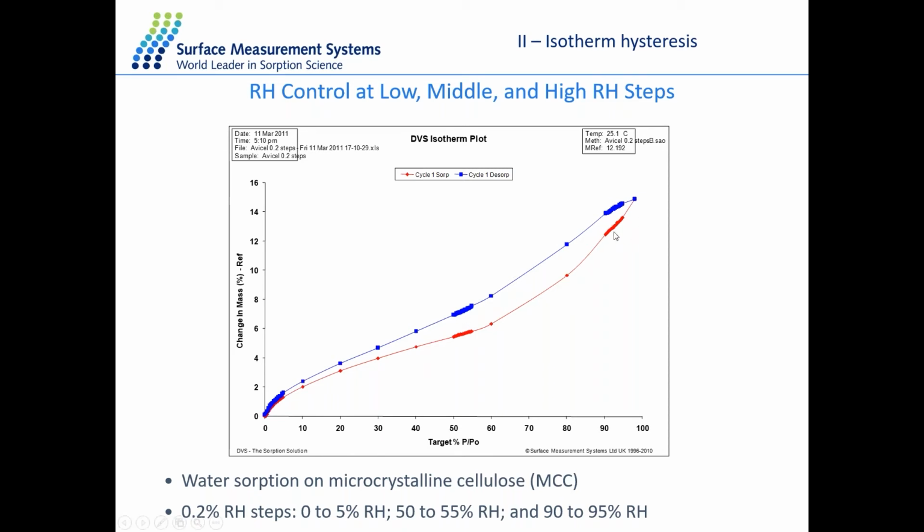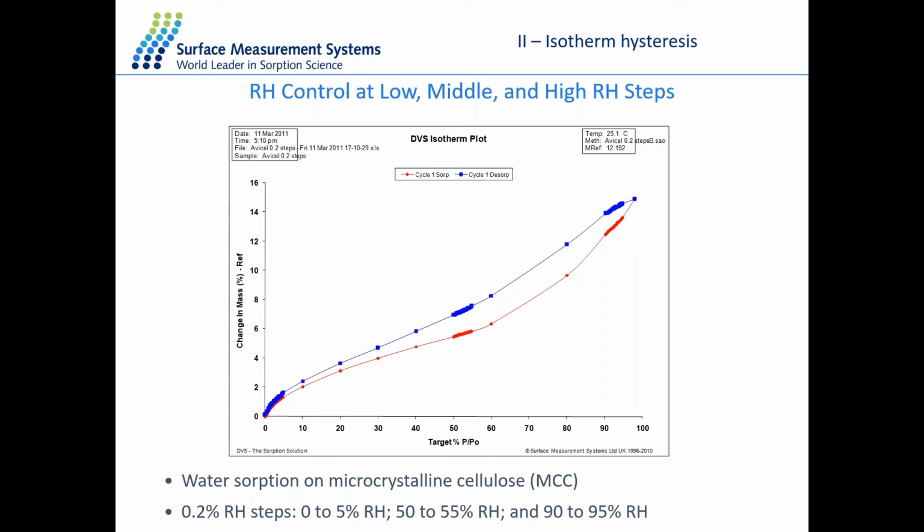So high region or low region of the study can be studied in a DVS by actually focusing on that section and having more points of isotherm in that section. That stretches the time required for the experiment to complete, but that's just time required for the experiment. It's not related to the quality of the data. So this is a standard sample with bulk absorption.